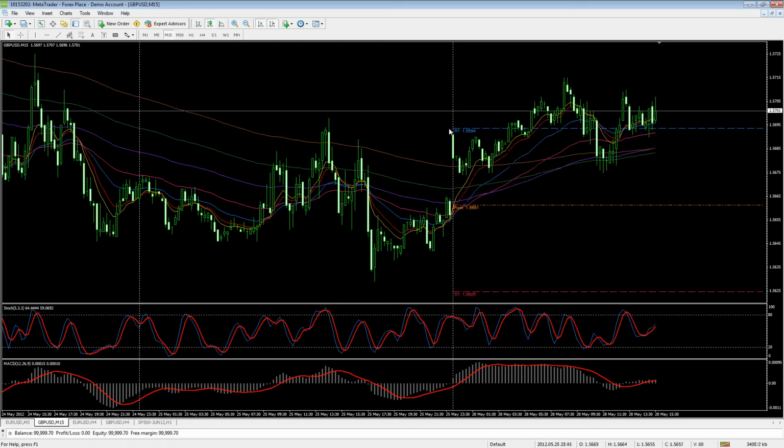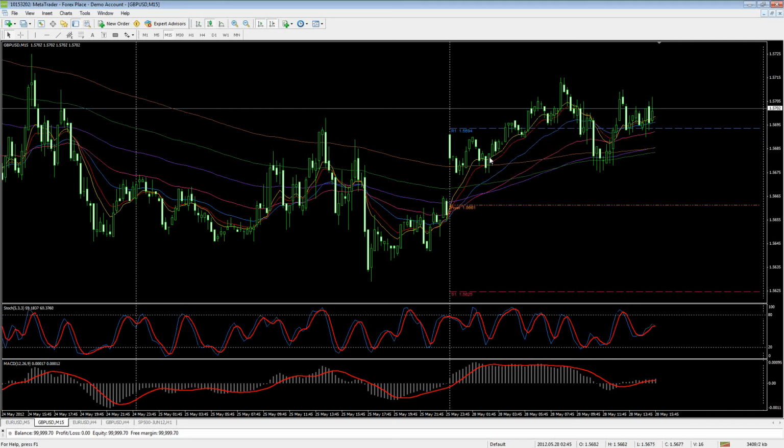It was gapping upwards and sloping upwards with higher highs, higher lows. The price is sitting pretty much on the faster moving averages, and you're looking for fast uptrends, or for fast long entries.